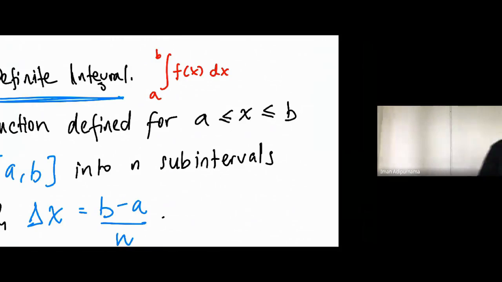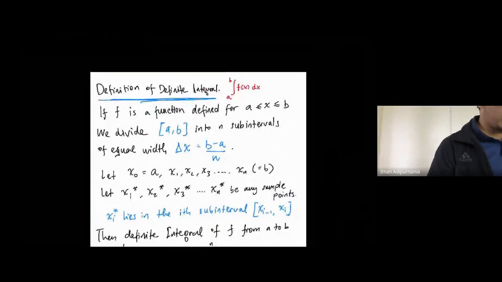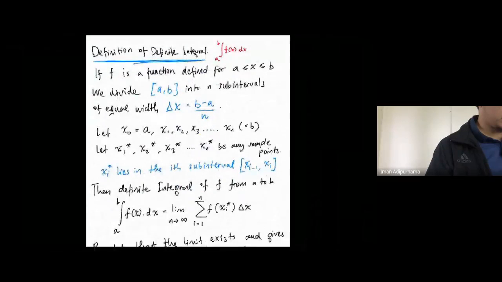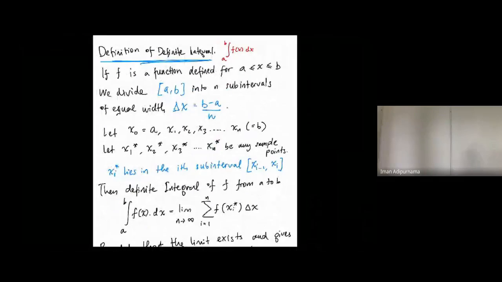Then the definitions. We start by defining delta x as (b minus a) over n. Let the first interval be x0, and the last interval be xn, which is b.